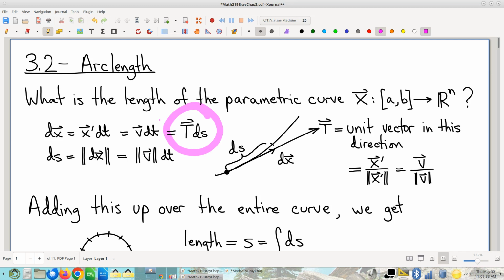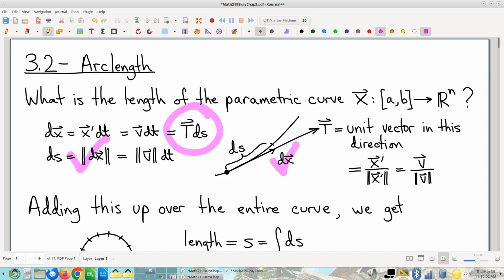Whatever scalar you multiply by then will tell you the resulting magnitude. All right, well, the magnitude of this vector is ds, just like dx is. The direction that this points, well, this points in the direction of the motion, just like dx does.